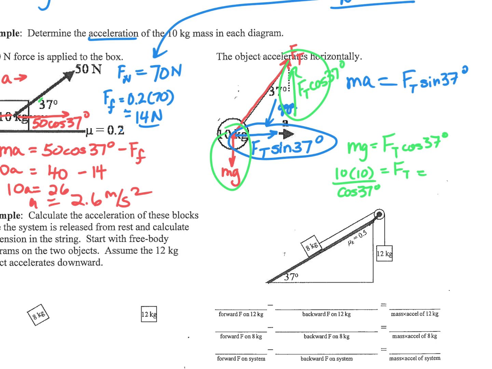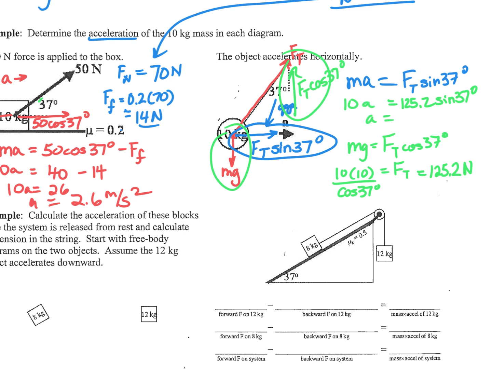It'll be about 125.2 newtons. So now we have 125.2 times the sine of 37 degrees, and 10A.